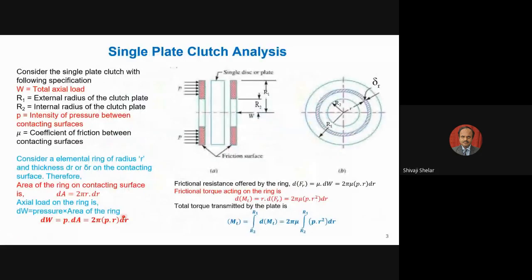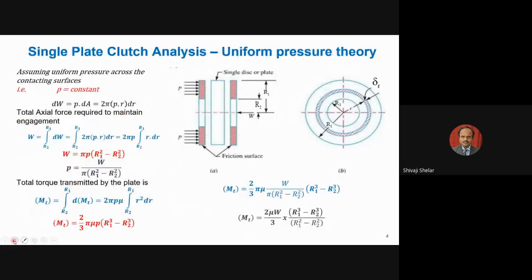This slide you have all already done, how the torque analysis is done. For torque analysis, we use this formula, and for axial force analysis, we use this formula, dW, and integration of this equation. Last time we had not completed the uniform pressure theory. Let's go to the uniform pressure theory formula.